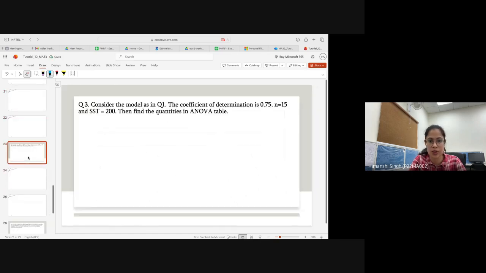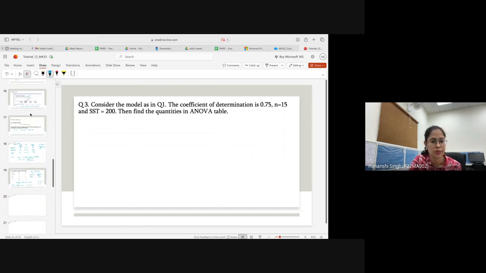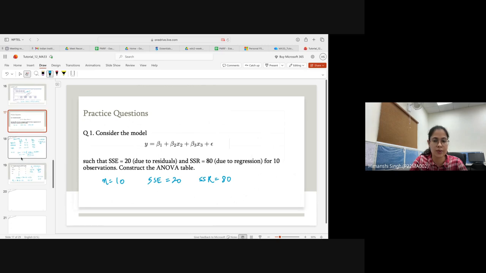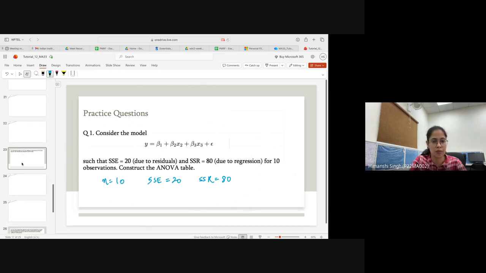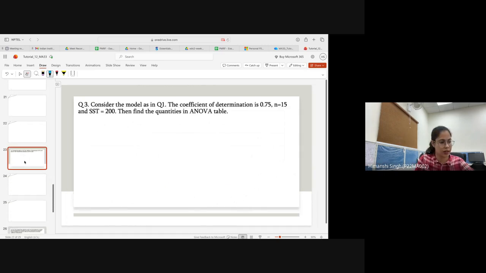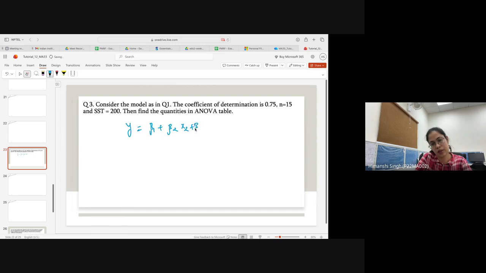For the next question, it is asked to consider the model as in question 1. So let's see first what the model in question 1 is. Here we have two explanatory variables. So let us write that model: Y equals beta 1 plus beta 2x2 plus beta 3x3.